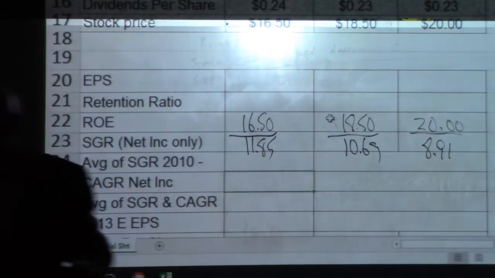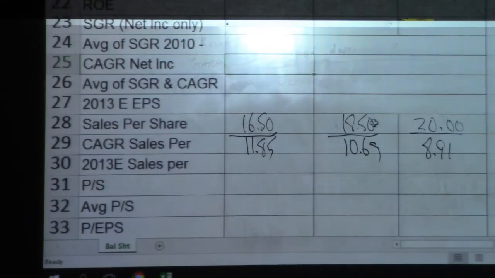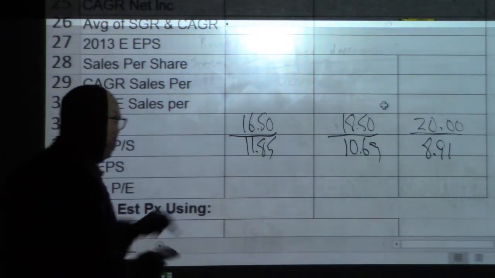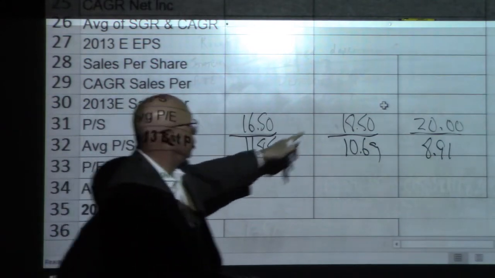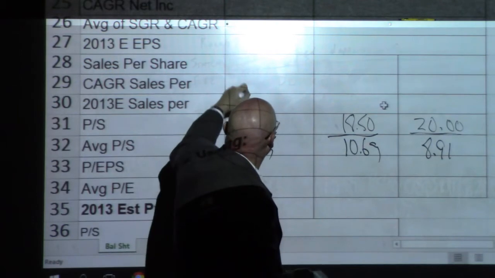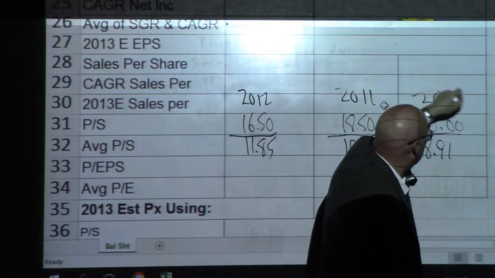And then let's scroll up a little bit so you can see what box this goes in. Price to sales, right there. So stock price divided by sales per share. And this is 2012, 2011, 2010.